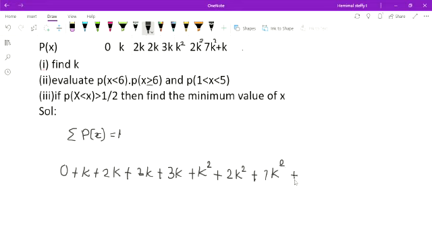I'm adding all the probability values and taking them equal to 1.